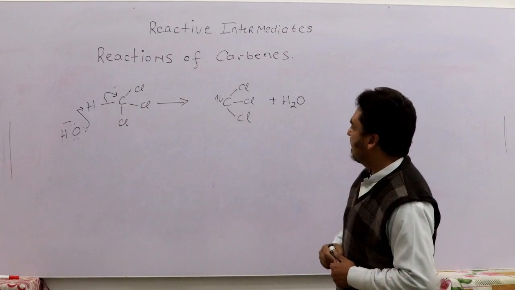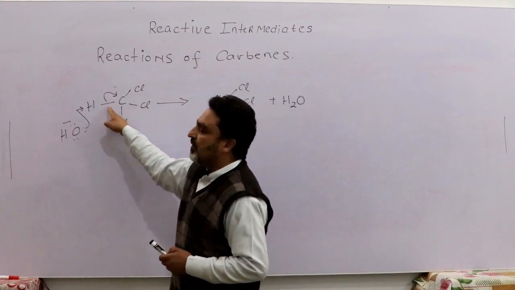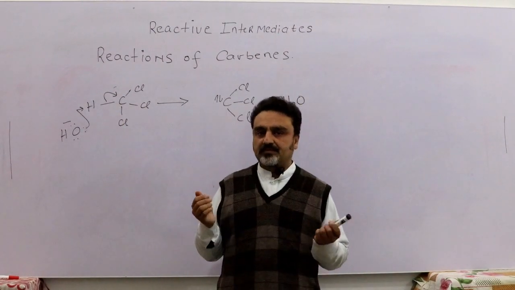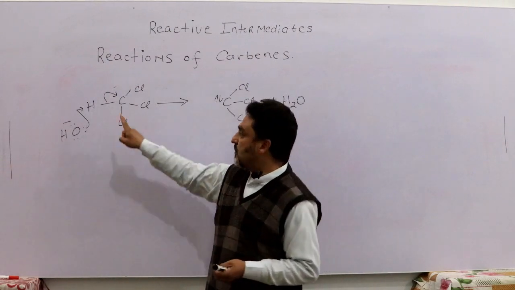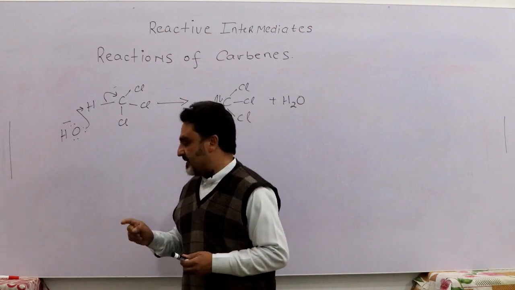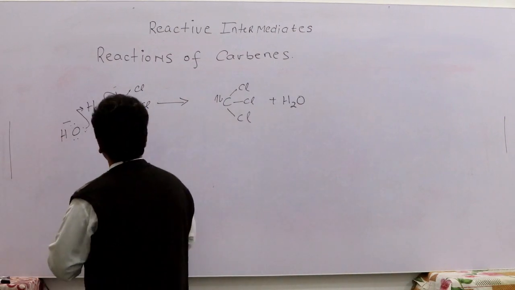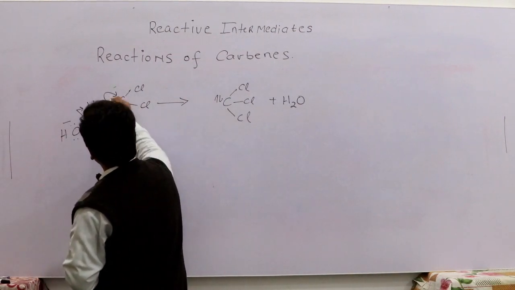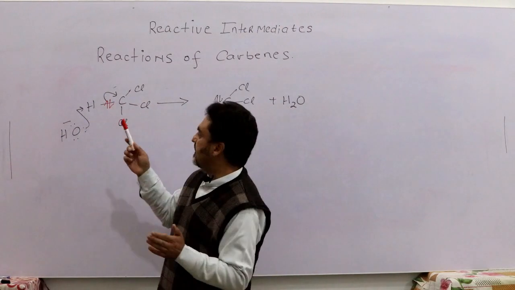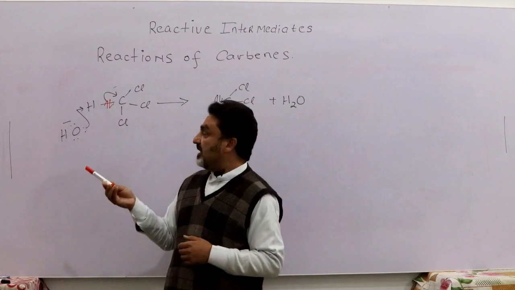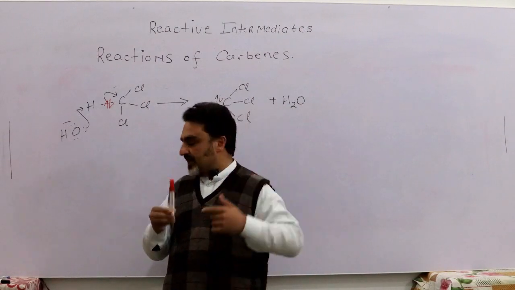Now, as you see, this bond is a covalent bond composed of two electrons, and both electrons in this covalent bond were paired with each other. One was up and the other was in down direction.